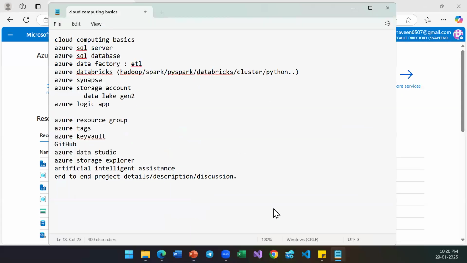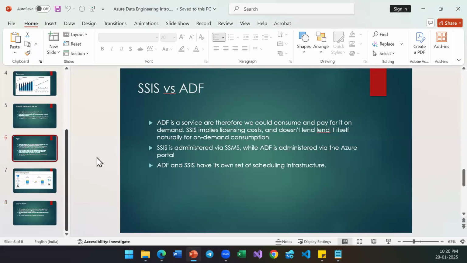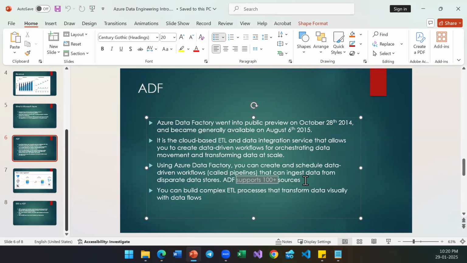Say you have data in Oracle, or in an Amazon or Google system, you can still fetch data from there. Going back to this slide, data lake is one, SQL Server is two, Oracle is three, Amazon is four. Likewise, it supports 100-plus sources, right?